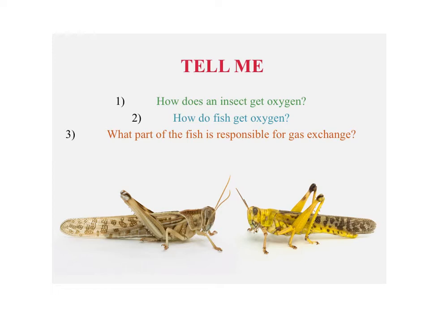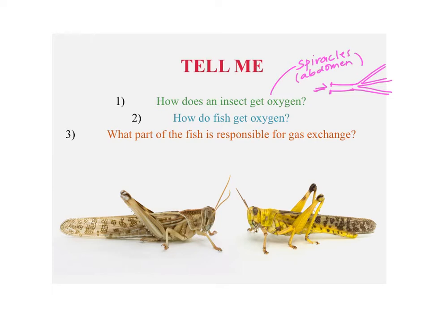Alright, so an insect gets oxygen using its spiracles on the side of the abdomen. If you remember, the spiracles are those gaps in the side, linked to the tracheae and then the tracheoles. We've got the movement of gases in and out of those spiracles, resulting in a transfer of gases to regions of the body tissue.